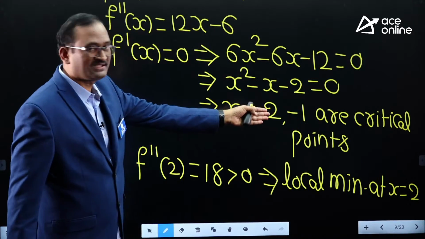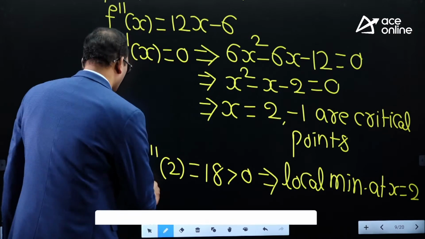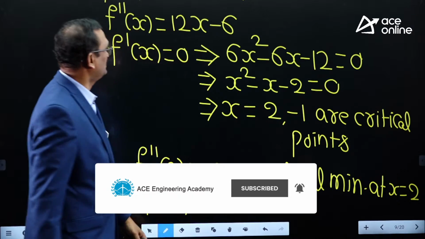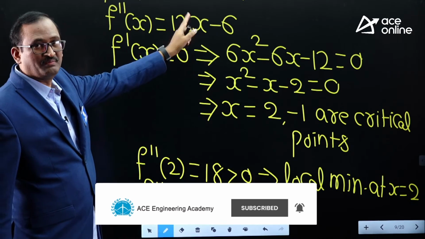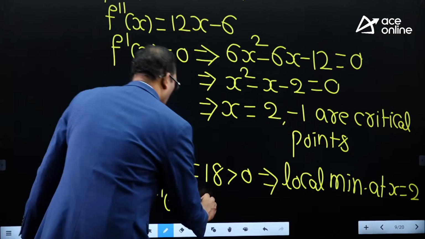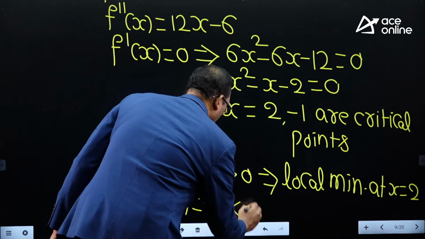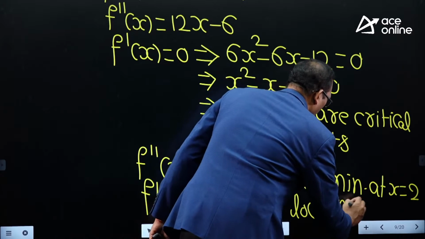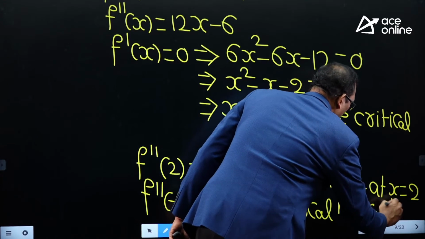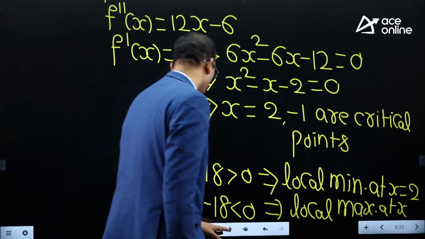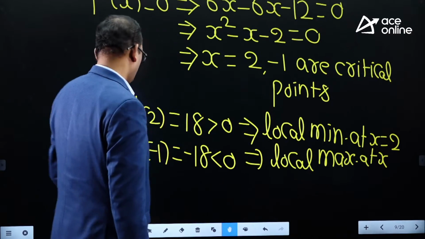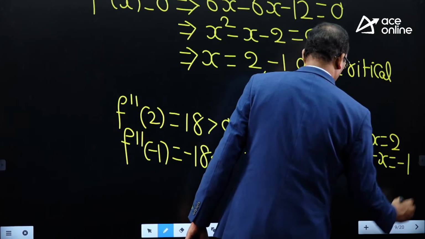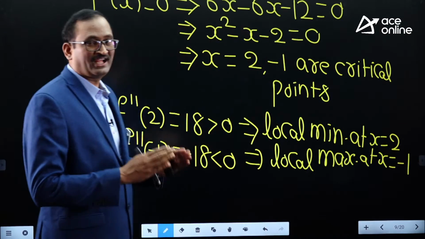Find f double dash x at the other critical point, minus 1. f double dash at minus 1 is 12 into minus 1, minus 12 minus 6, that is minus 18, less than 0. That means local maxima at x equal to minus 1.